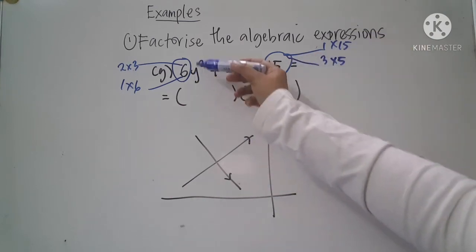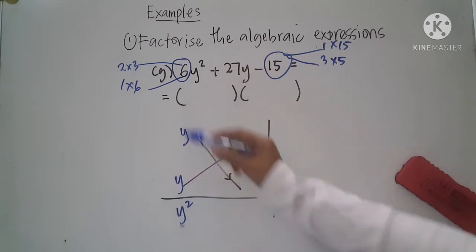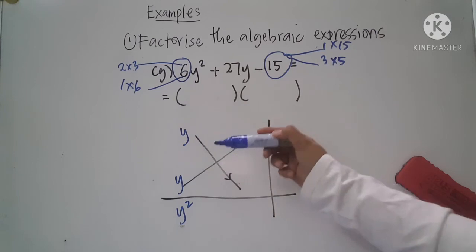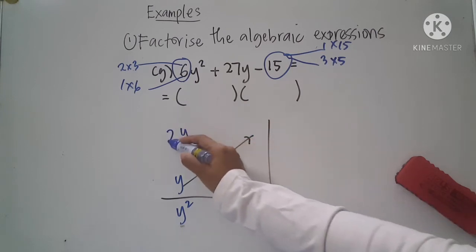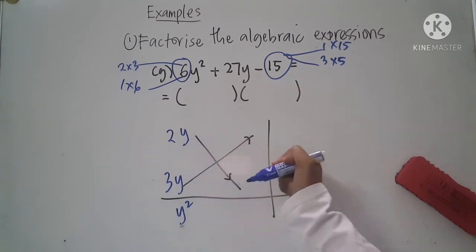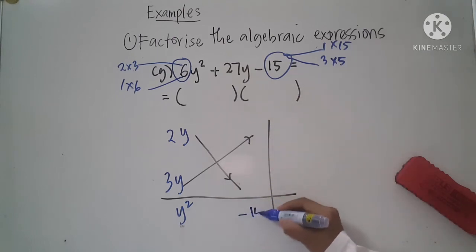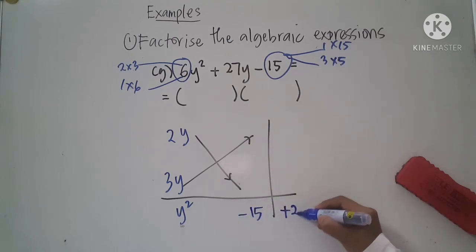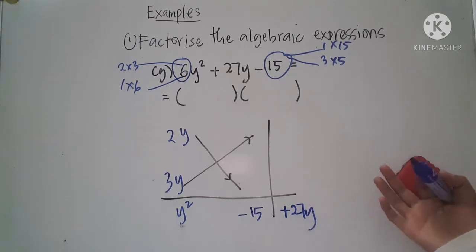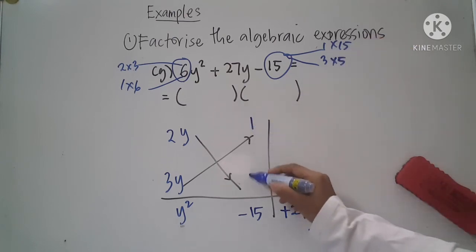For the y, it is y squared. What are you going to write here? Let's say I choose 2y and 3y. You want to know whether these terms are correct or not. For this one, the answer here is negative 15 and here is positive 27y. Which one am I going to choose? Let's say I choose the 1 and 15. 1 here and 15 here.